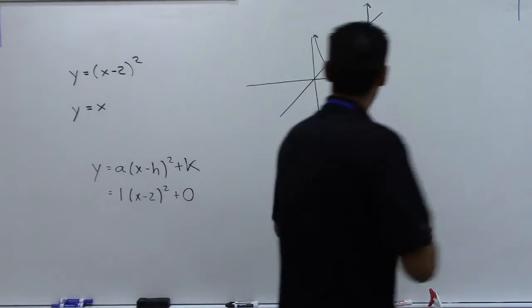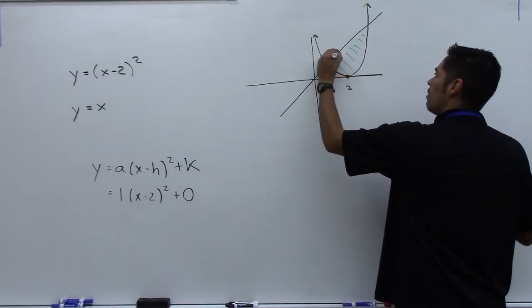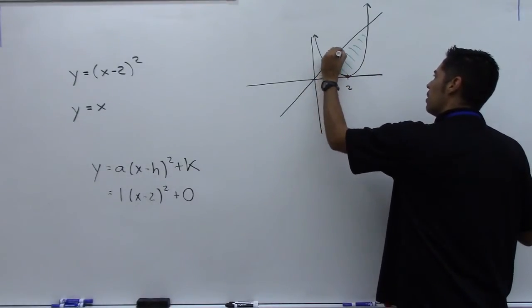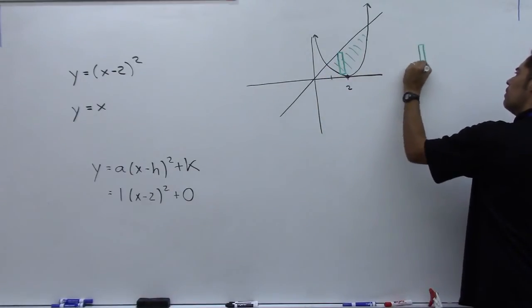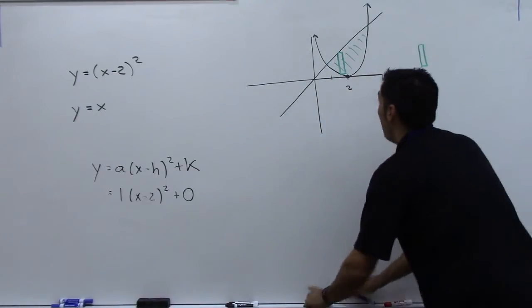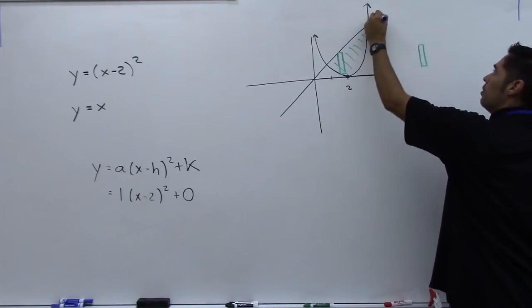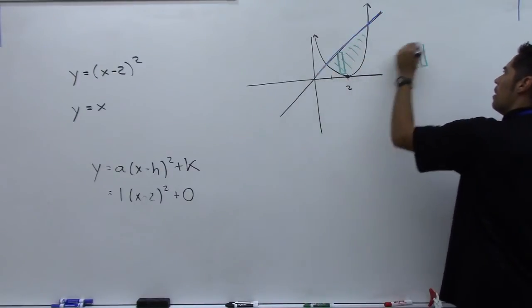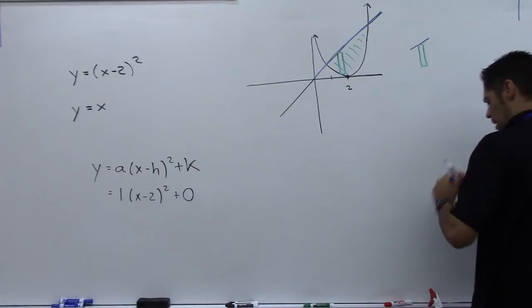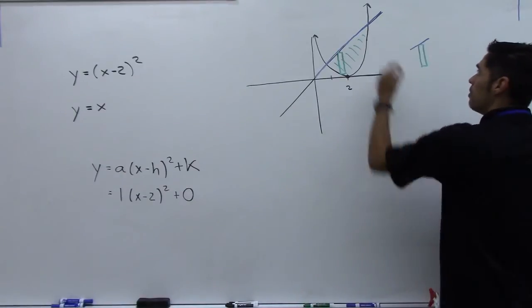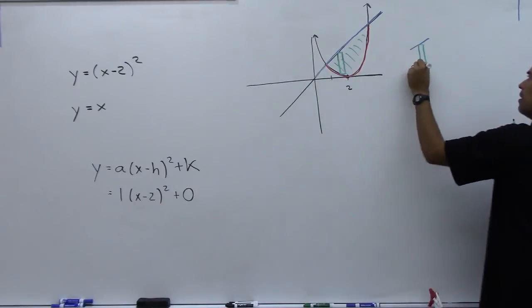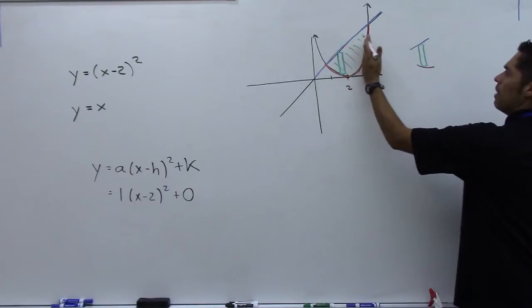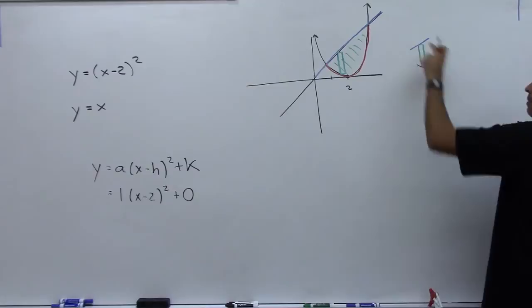But more importantly, if you draw an arbitrary rectangle in this region vertically, you can tell that the function on top, which is this blue line, and the function on the bottom, which is the parabola, as you move this rectangle left and right, the blue on top and the red on the bottom never change.